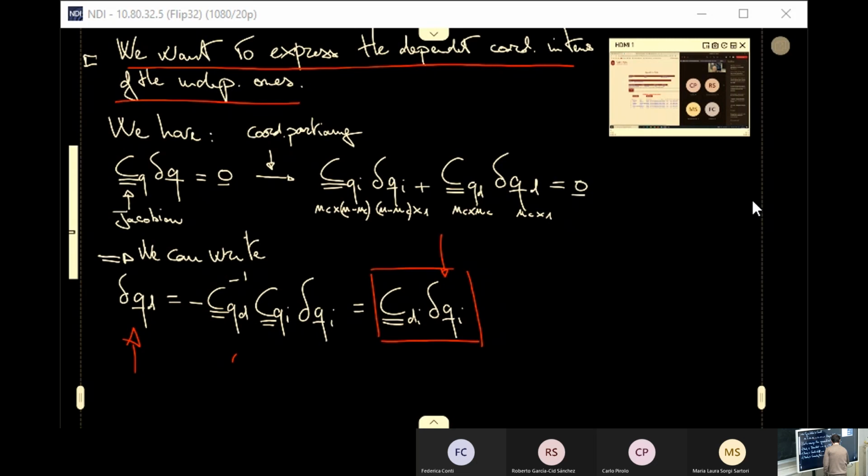In order to get the CQ, the Jacobian, in order to get the CDE, we need to start with the Jacobian. So we need to implement this first step. We have to derive the equations.